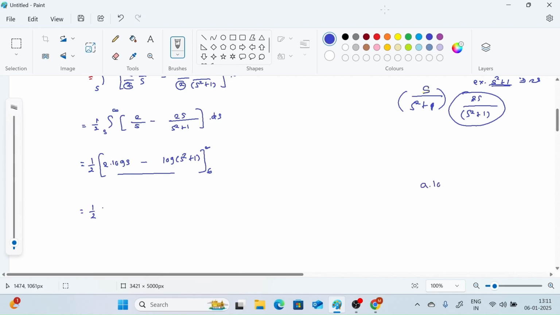If we have a term like a log of b, we can simply write log of b raised to a. Same logic I am going to apply here for this 2 log s. So I can write log of s square minus log of s square plus 1, from s to infinity.